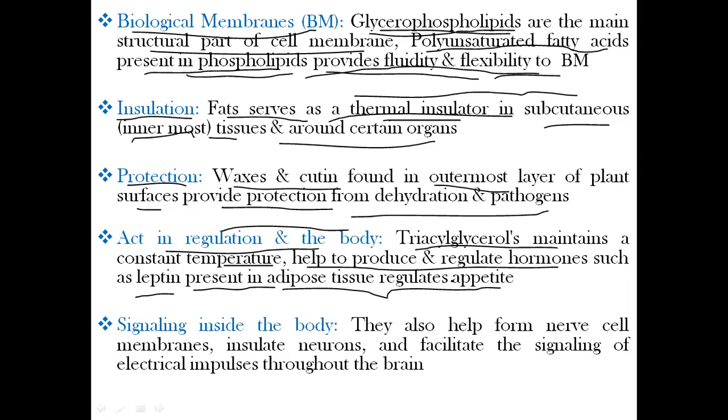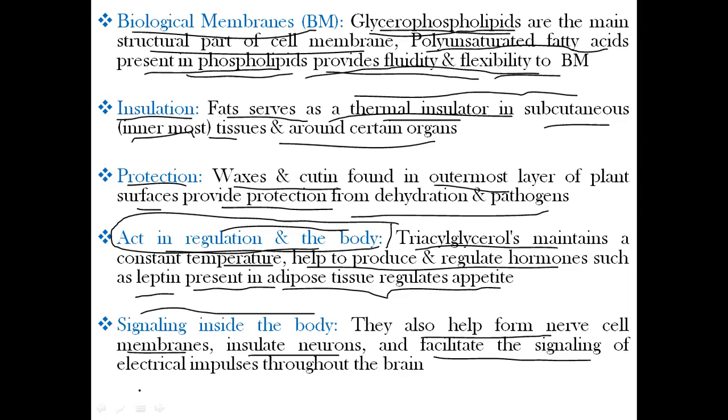So fats also regulate and maintain the body's internal environment and also hormonal regulation. Next one is the signaling inside the body. Fats also help form nerve cell membrane, insulate neurons, and facilitate the cell signaling of electrical impulse throughout the brain.